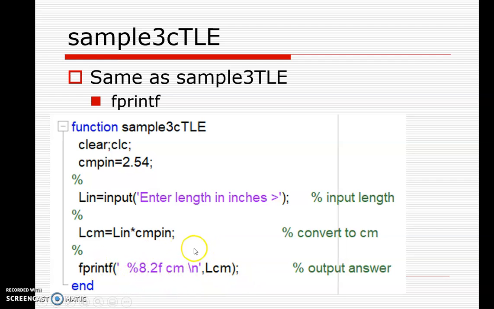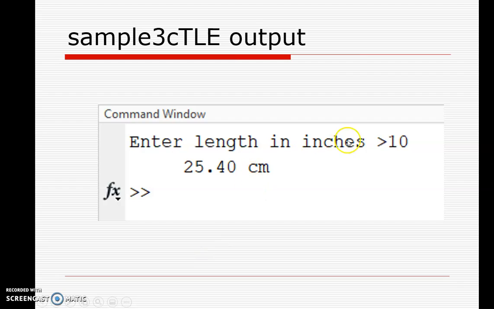So I'm saving 8 digits, 2 decimals. The centimeter will come out as it is, new line, and that's the variable. So that's the syntax. And when I run that, my output looks like enter length in inches. That's my input. So I enter a 10. 1, 2, 3, 4, 5, 6, 7, 8. And notice the centimeter came out.